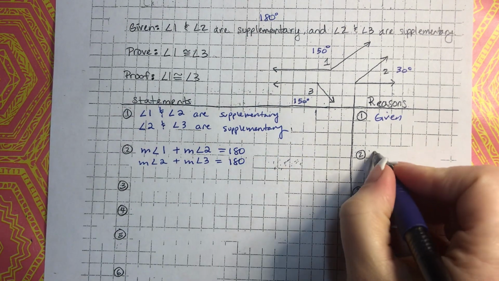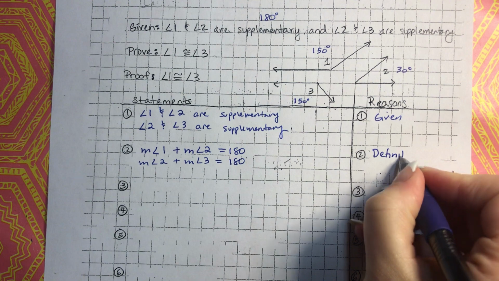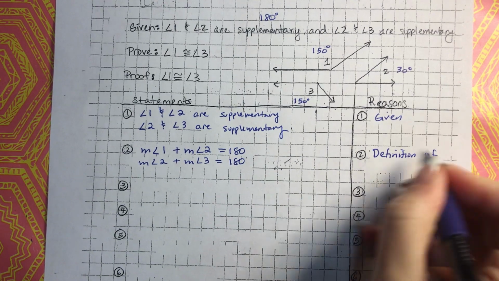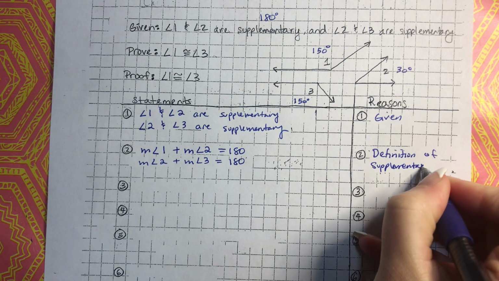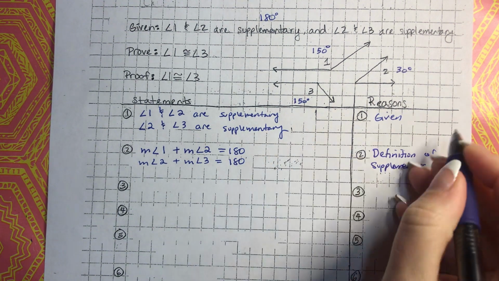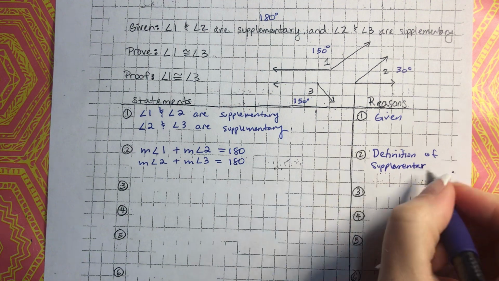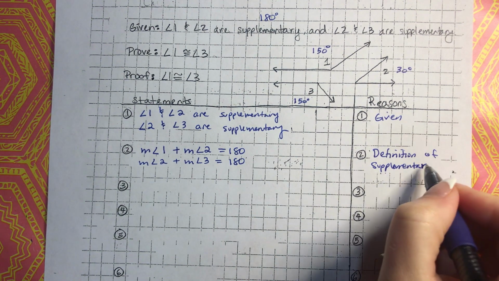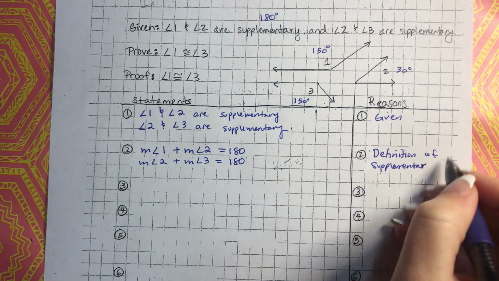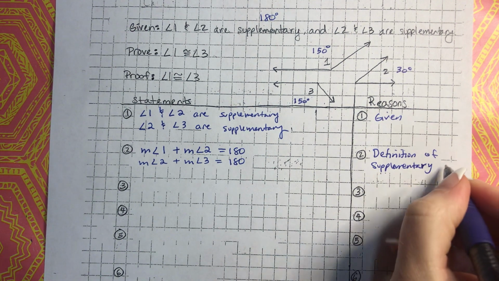I can do that because of the definition of supplementary angles, which is really key, that I can take this information and make it into an equation, because once I can do that, then I have access to all of my algebraic knowledge that I have and that you guys have too.